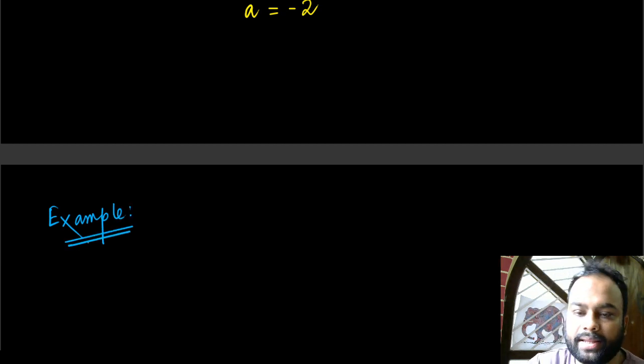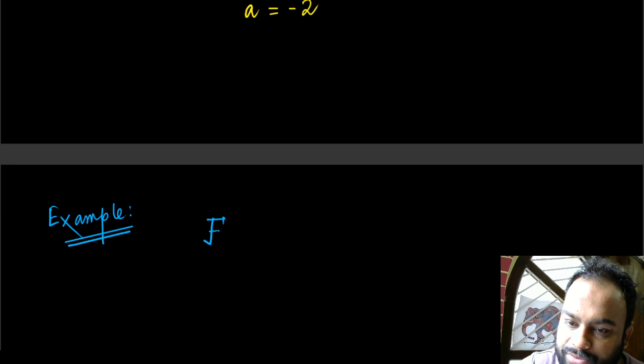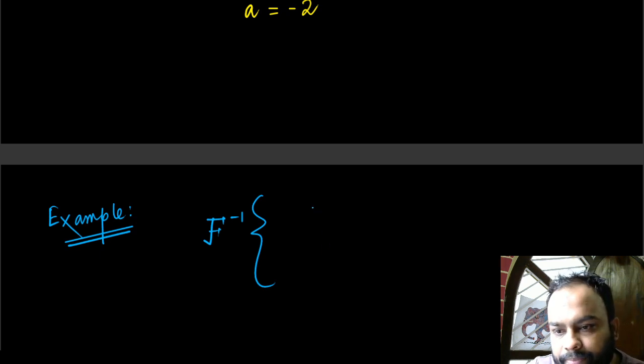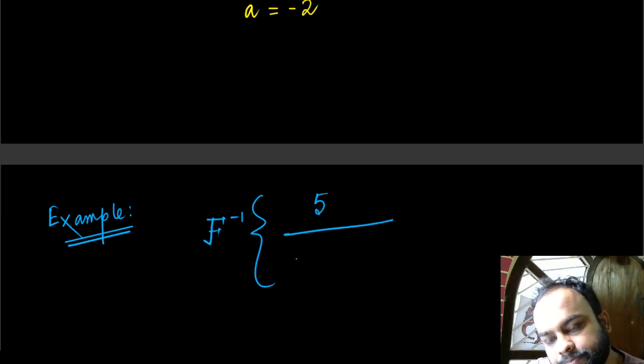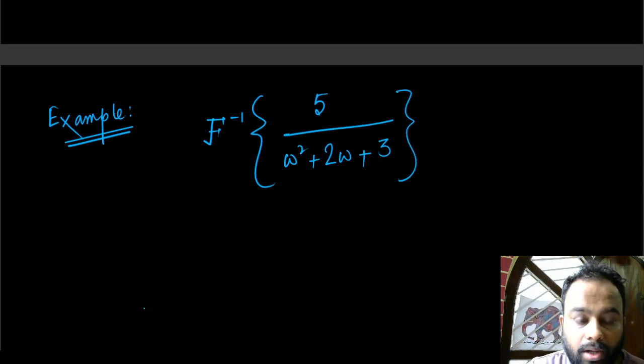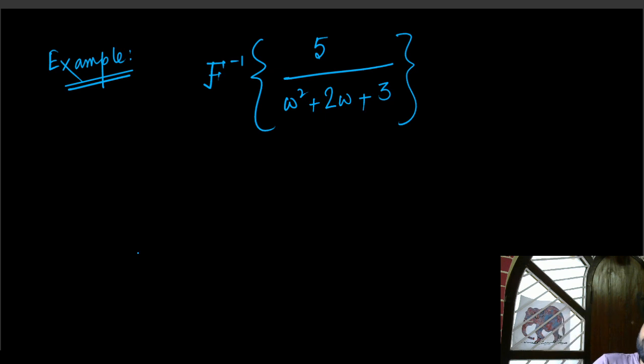I'm asking you to calculate the inverse Fourier transform of, say, 5 by omega square plus 2 omega plus 3. Okay, clear? Let's try finding the inverse Fourier transform of this.